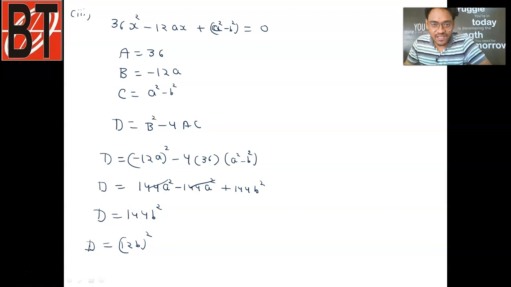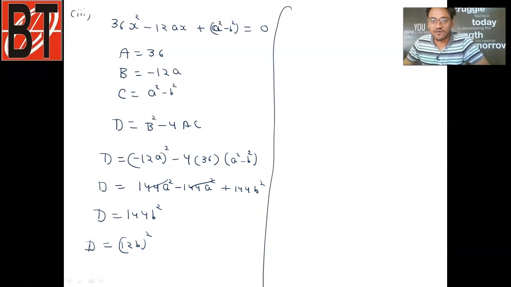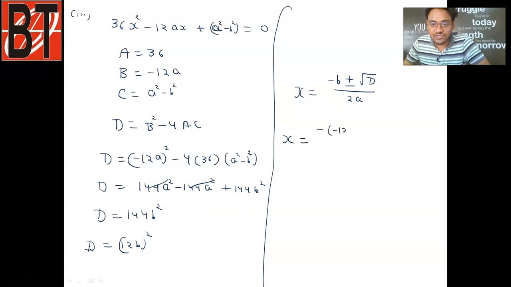Okay. Now let's just calculate the roots. So the roots are x is equal to minus B plus minus under the root of D upon 2A. Let's just put the values. Minus B, the value of B was minus 12a. Let me use the capital letters because I used capital letters.